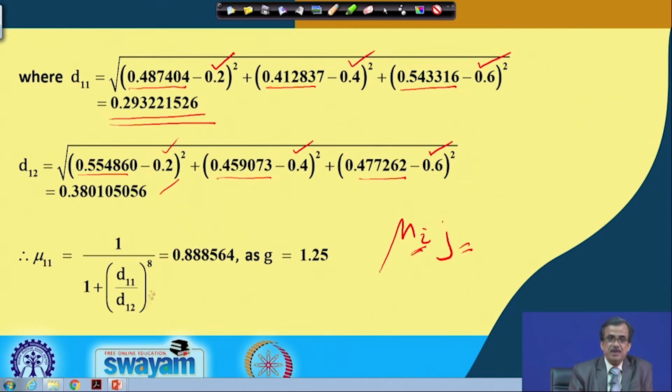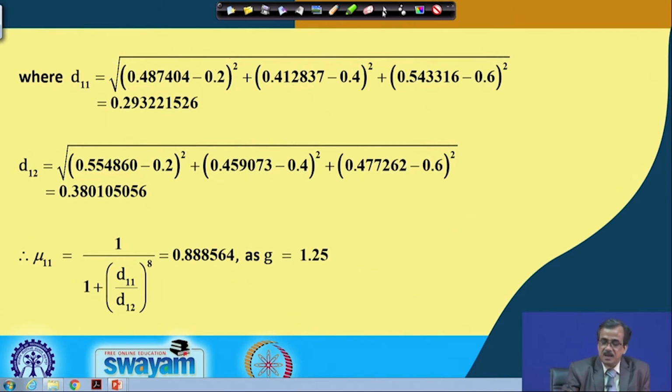This formula I have already derived. And if you put in all the numerical values and calculate, you will get mu11 is nothing but 0.888564. So I will be getting that particular membership value.